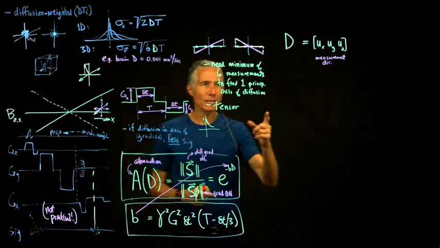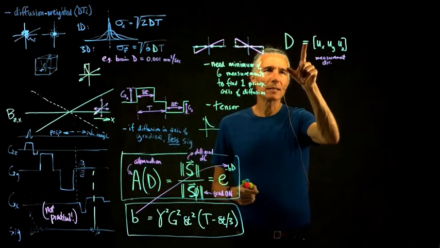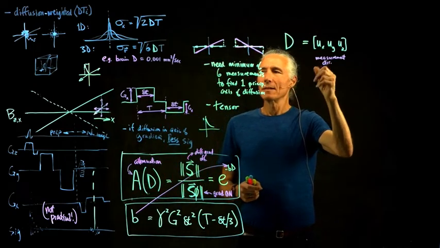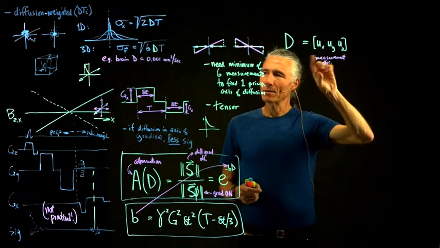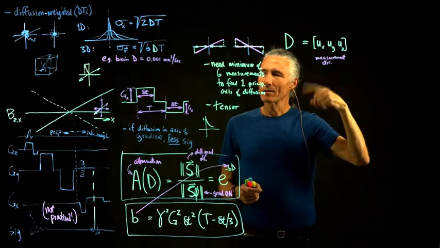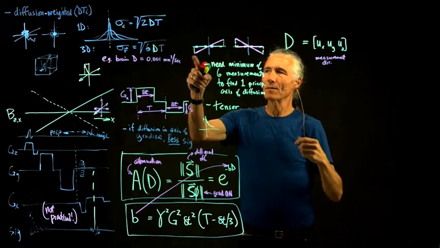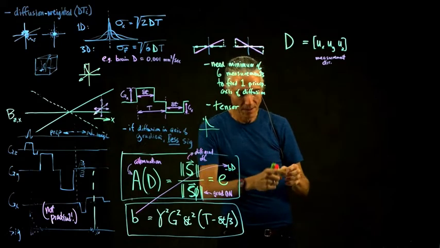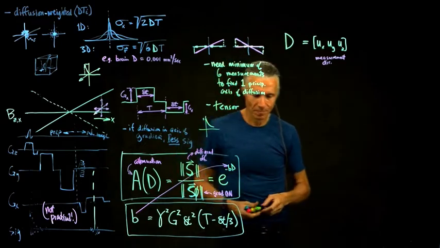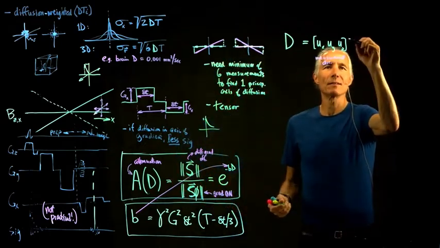So that's the measurement direction, just a 3-dimensional vector that says what direction you measured in. You can measure anywhere around 360 degrees, but since we can't tell minus from positive, you only have to measure a hemisphere. So we measure a hemisphere, and then we've got the diffusion tensor.